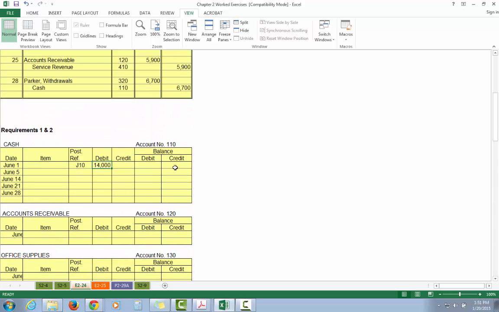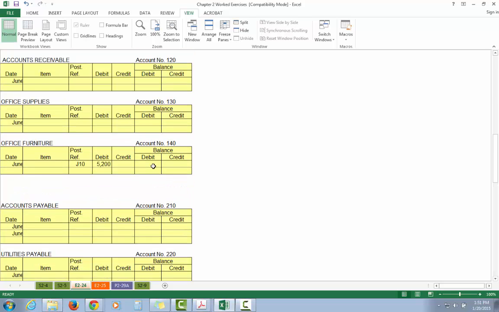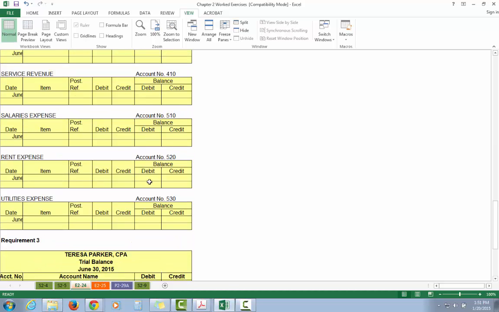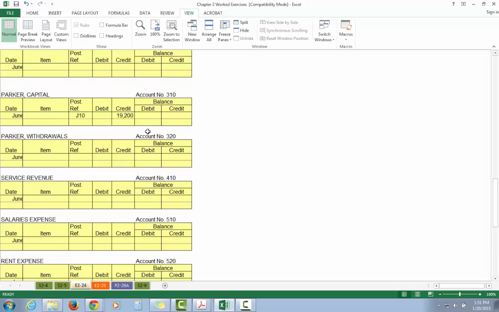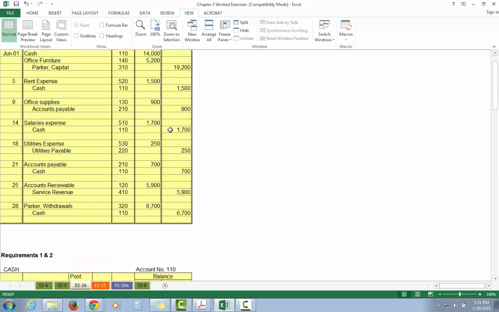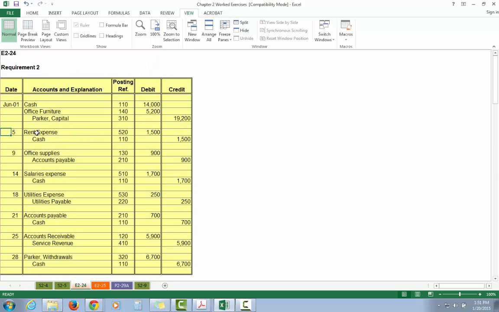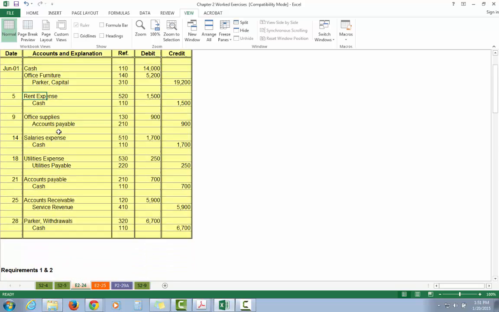So after that entry, we'll come back up here to cash. After this entry, we have a running balance in our cash account of $14,000. Okay, so we can do that for each of these to keep up a running balance of our account. So we have a credit 19,200. We'll do the same thing for the entry on June 5th. So we're going to debit rent expense.